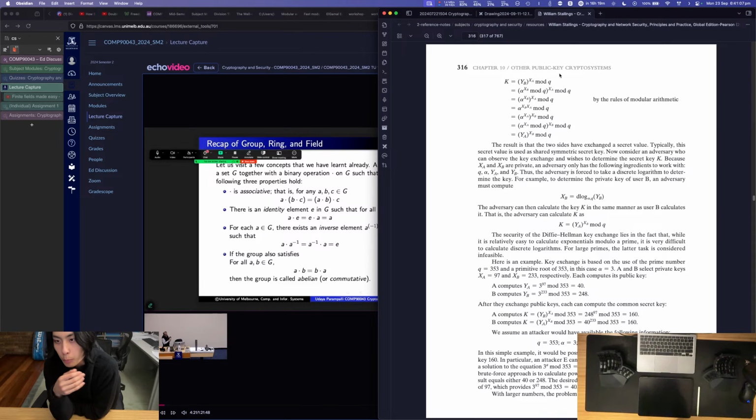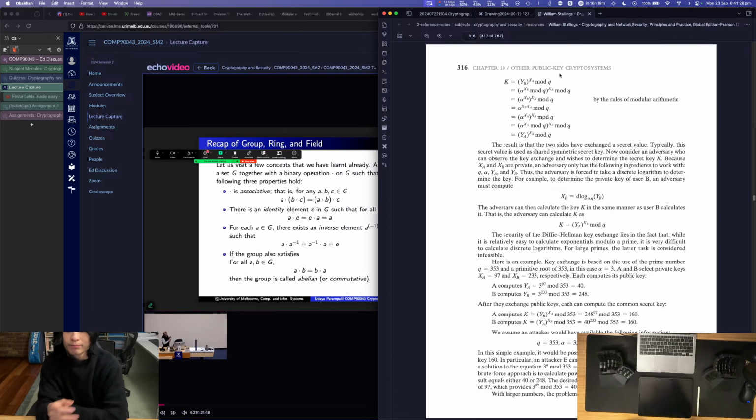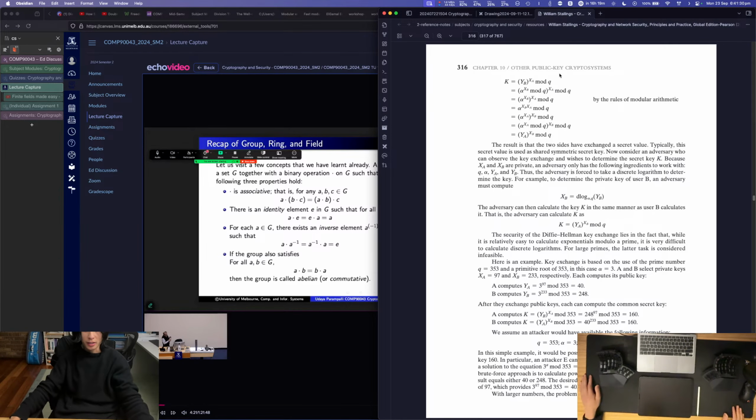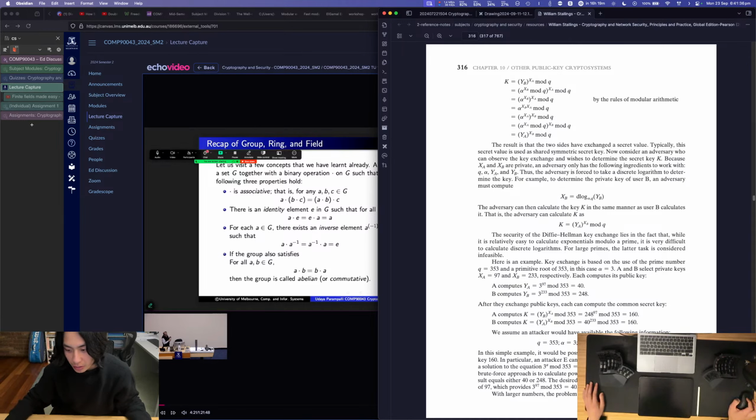Now, the mods get moved out together, and then you have xb and xa, which is equal to xa and xb. And so that's your key. That makes sense. With that said, okay.